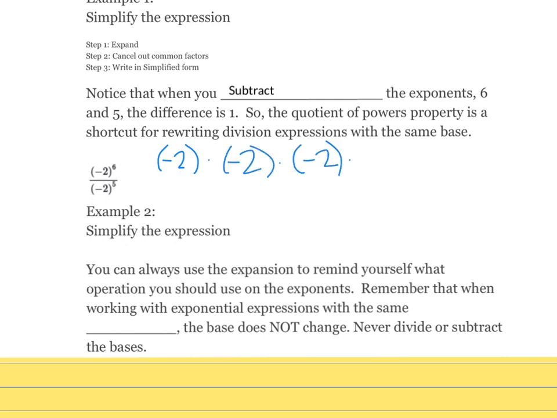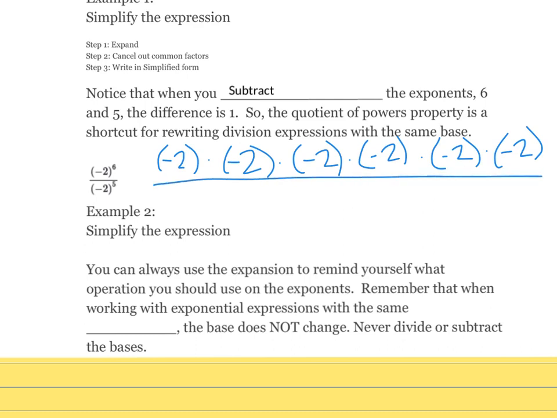And remember, there are parentheses, so that negative sign must go to each of the 2's in the expanded form. So let me double check. 1, 2, 3, 4, 5, 6 over 5 more negative 2's.